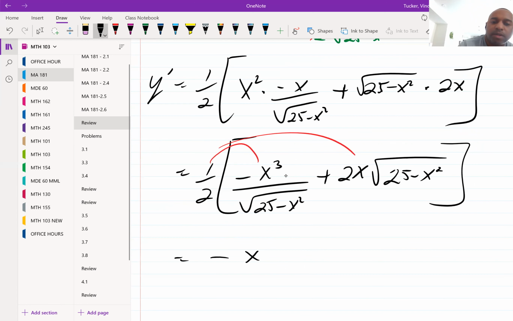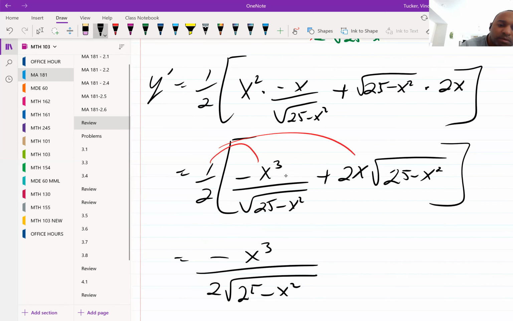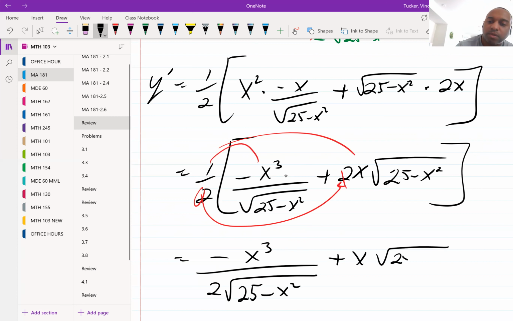And negative x cubed, sorry about that, over 2 square root of 25 minus x squared. Plus, I'm going to go ahead and cancel out this 2. This 2 will cancel out this 2 when you do your distribution, so that'll just be x square root of 25 minus x squared.